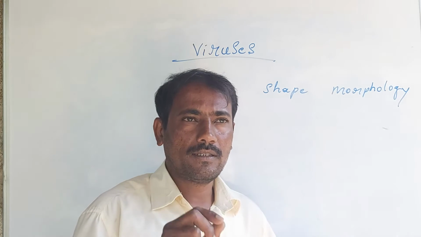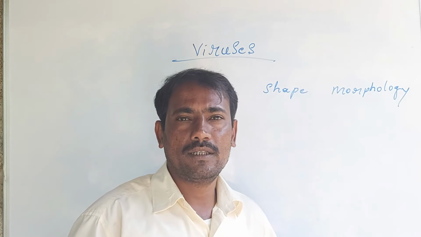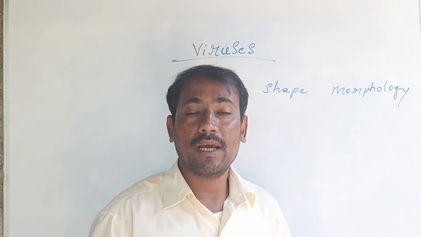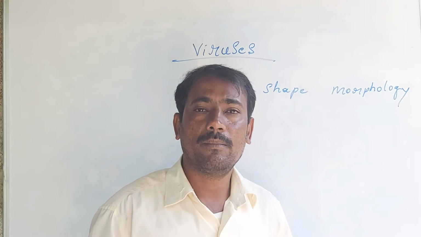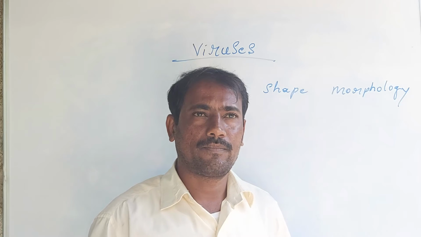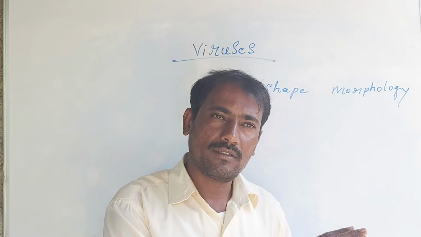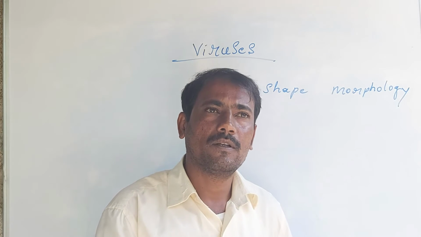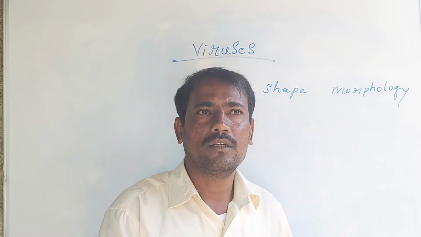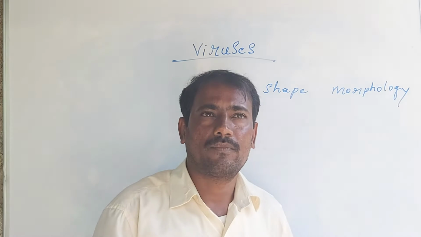Some virus particles very specifically infect bacteria. Such viruses are termed bacterial viruses or bacteriophages, or simply phages. Another group may be mentioned here: some virus particles infect only fungi.